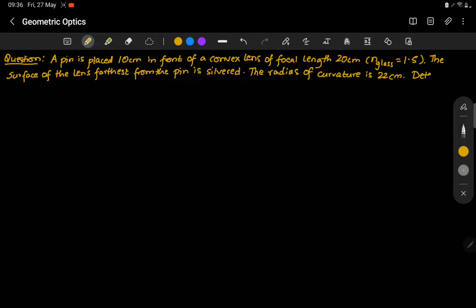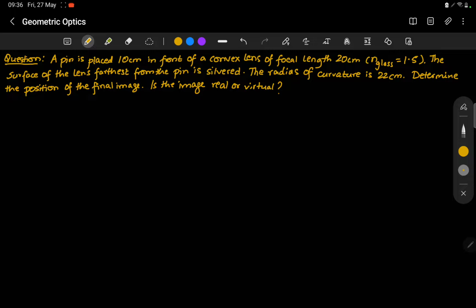Determine the position of the final image. Is the image real or virtual?